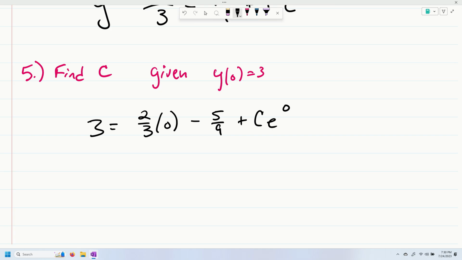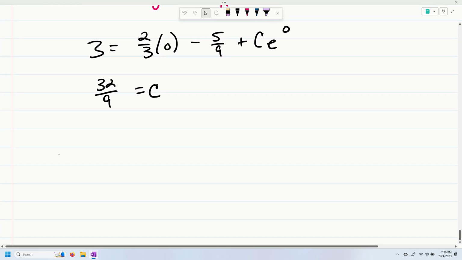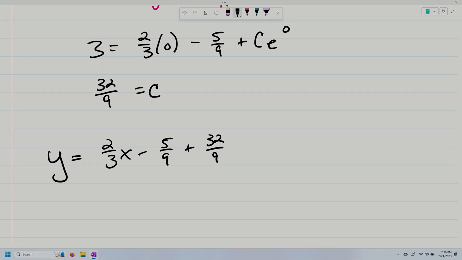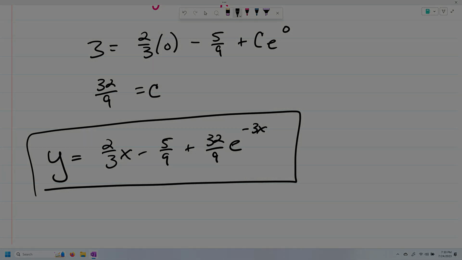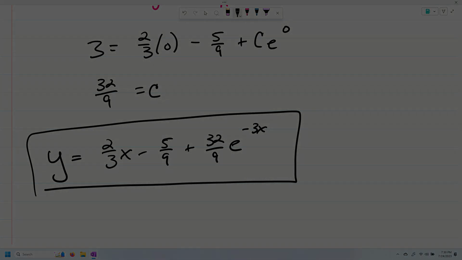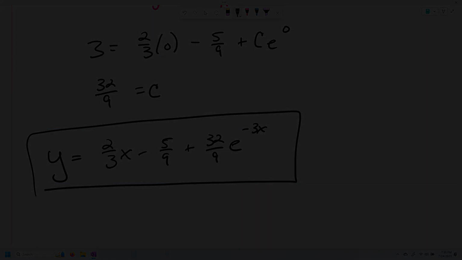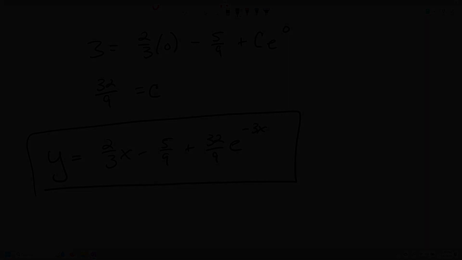And when you solve, you get c equals 32 over 9, for a solution of y equals 2/3 x minus 5 over 9 plus 32 over 9 e to the negative 3x. And that is how we solve first order linear differential equations. I hope this helped, and I will see you in the next video.